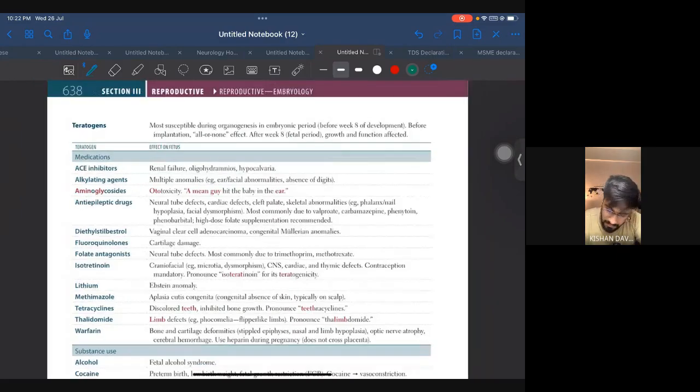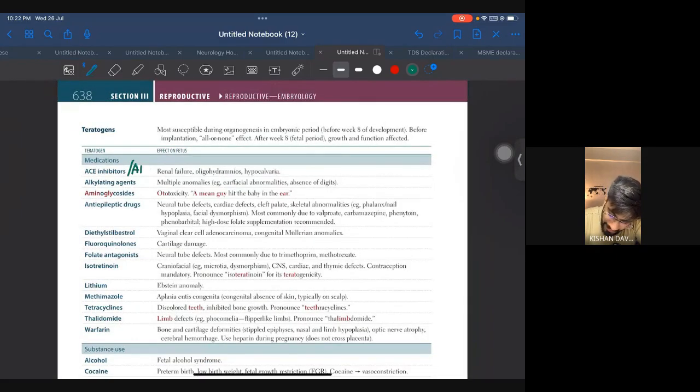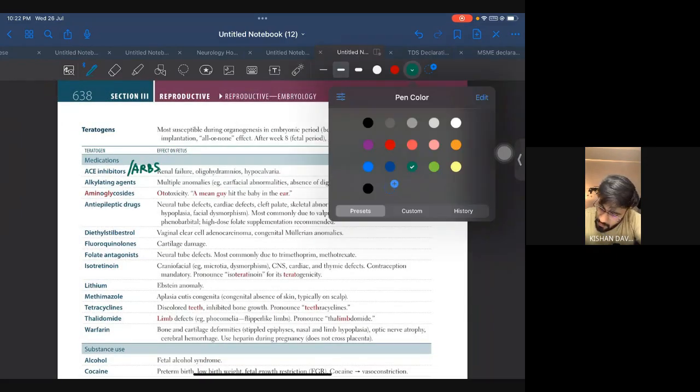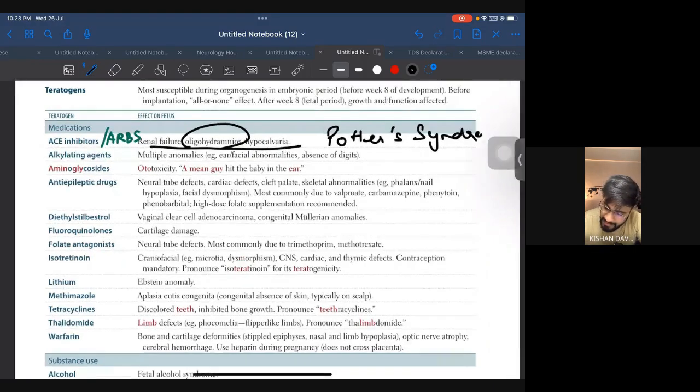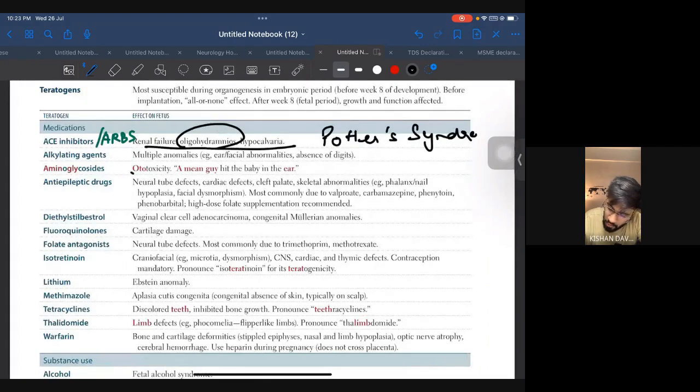Teratogens. Either ACE inhibitors, and along with that I will add ARBs. With ARBs we see renal failure, oligohydramnios being most important. That is Potter's syndrome. Okay, we have done this. Coming to alkylating agents, with aminoglycosides remember ototoxicity. With anti-epileptics, neural tube defects you have to remember.